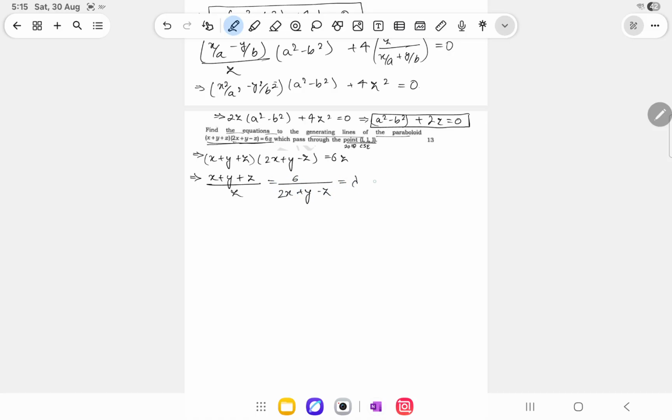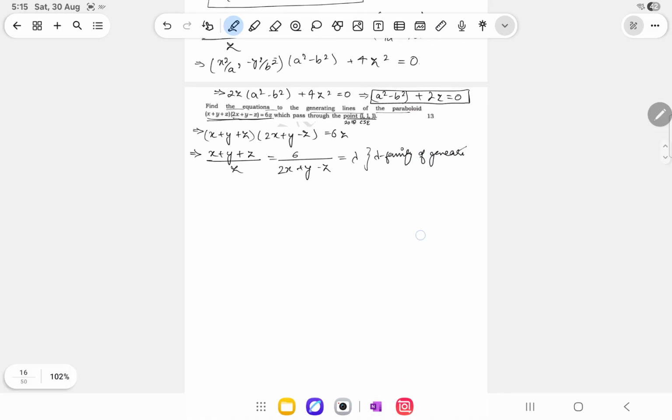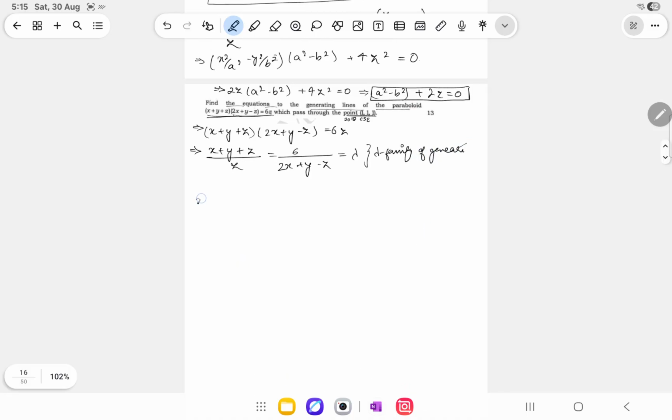If I equate it with lambda, I'll be getting the lambda family of generators, and I can write the above equation of the paraboloid as x plus y plus z divided by 6 is equal to z upon 2x plus y minus z. And if I equate it with mu, I'll get the mu family of generators.